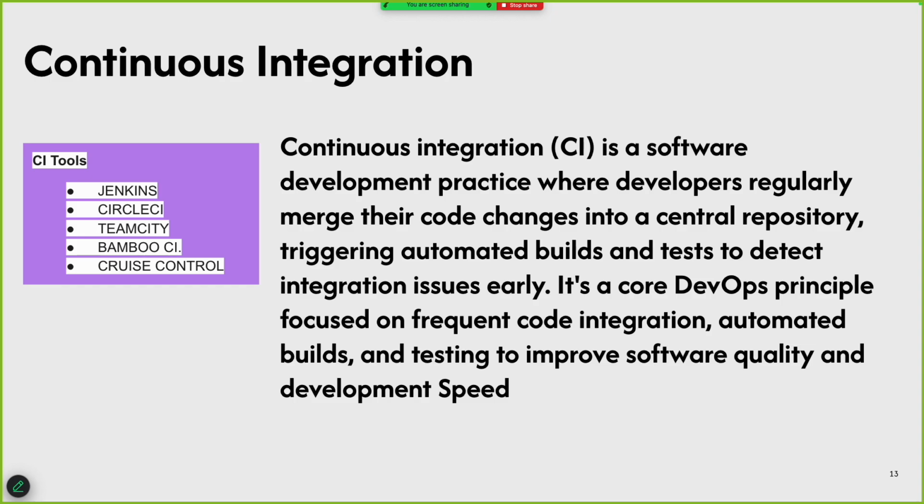And after testing, it will say it is ready for the delivery. Okay, so this is the integration. So in the integration phase, it will read the code after the developer merges the code in the central repository, and then it will go and build the tool and test it to find the defects.